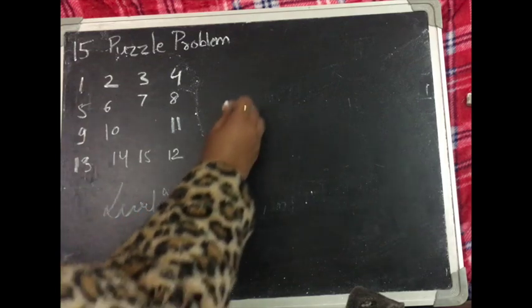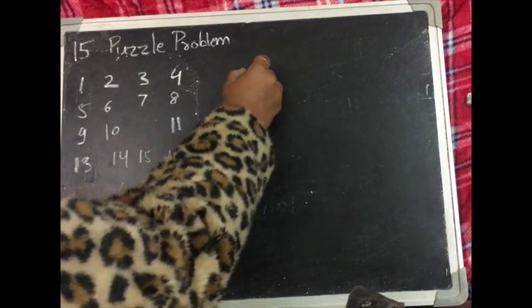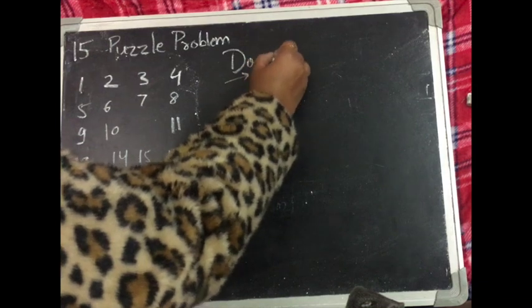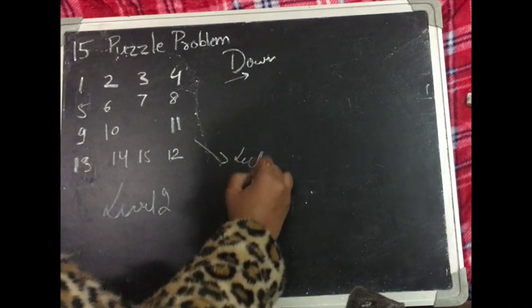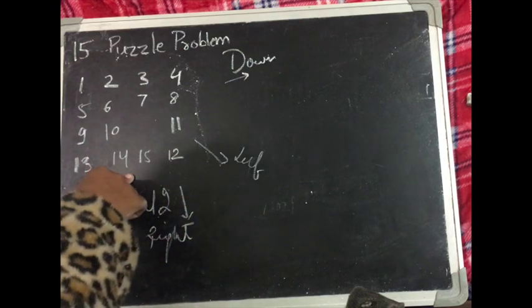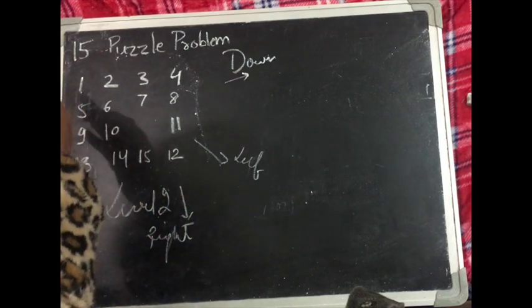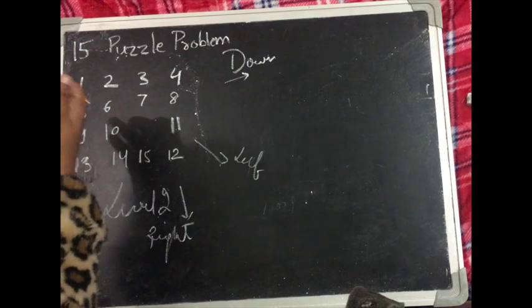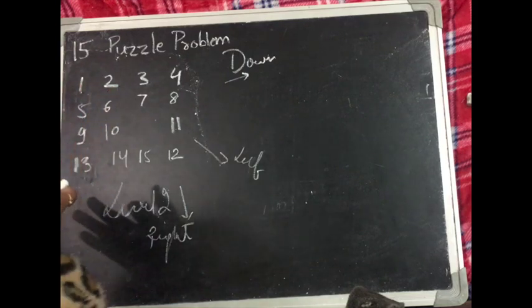So what will happen? Earlier, how did I get this matrix? I got it by doing the down of the matrix. Now if I do up of this matrix again, it will go back to its previous state. So I will not do the up of this matrix. I will only do down, left and right. Why will I not do up? Because if I do up of this matrix, it will revert back to its previous state, the state from where it actually came.